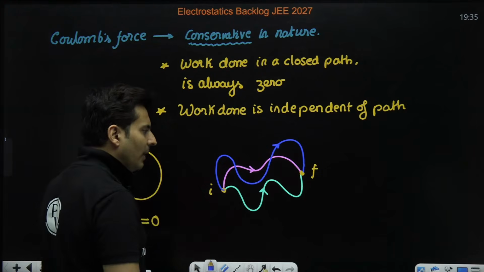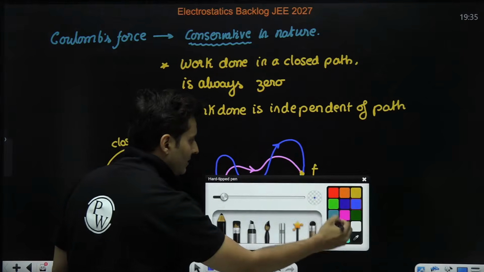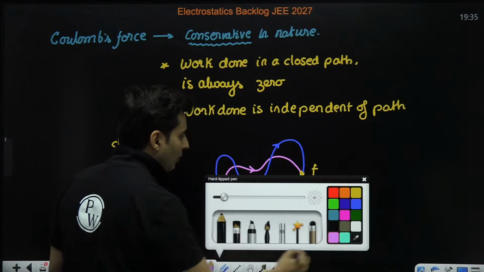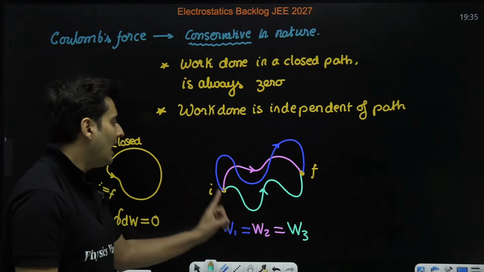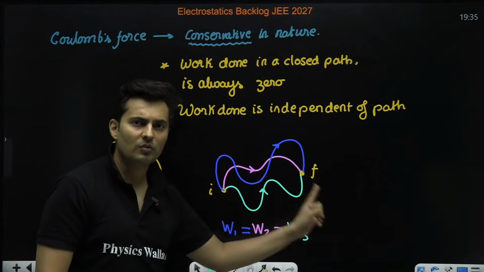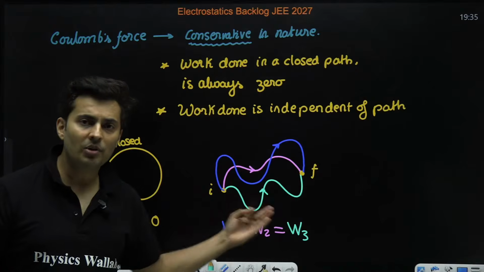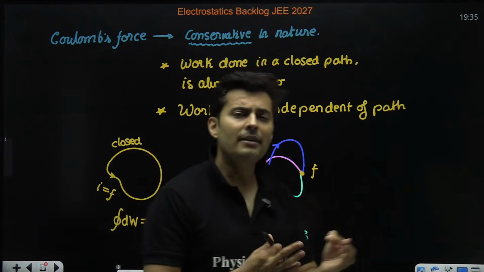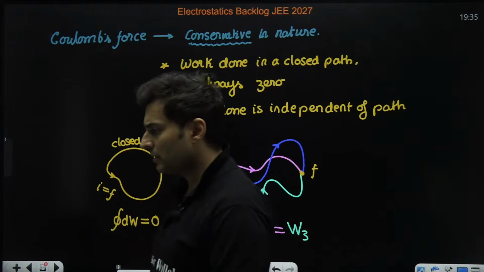Doesn't matter what path you take, the work done in the first path will be the same as the work done in the second path, which will be the same as the work done in the third path. It is independent of the path as long as your initial locations for all the paths and the final locations for all the paths are the same. Is that clear? So this is a very important property of electric force or Coulomb force, which you will be using at many places. Very interesting property.